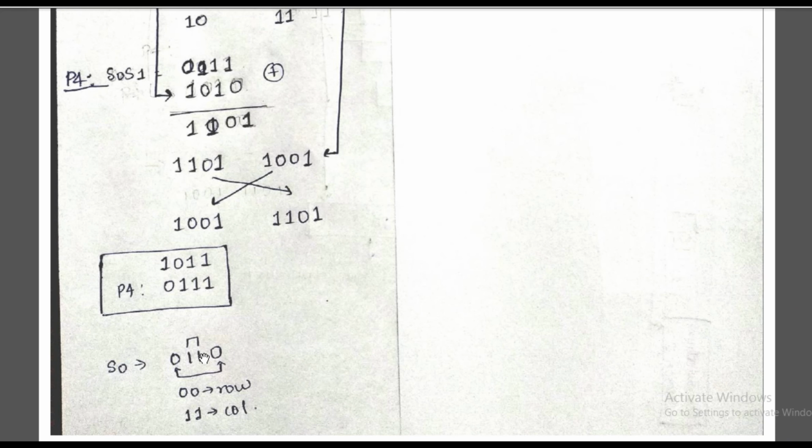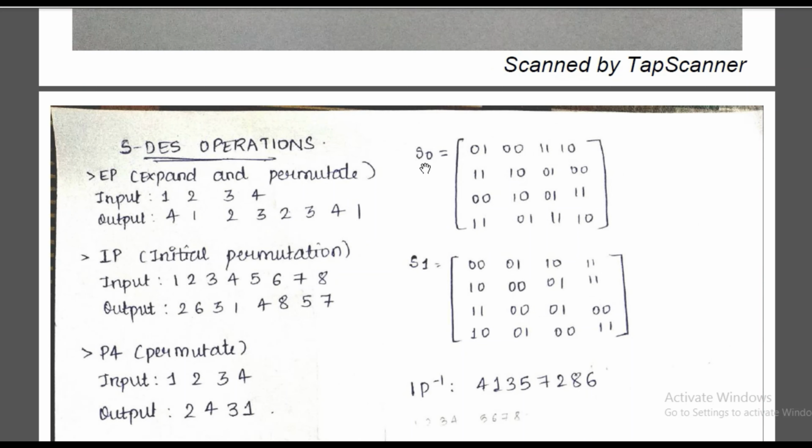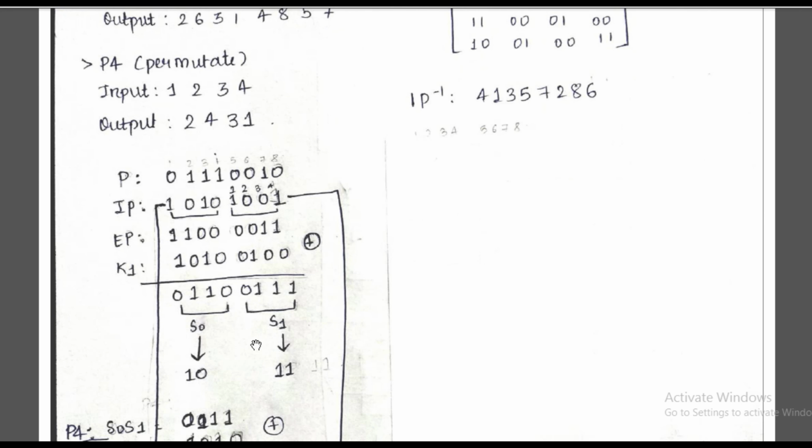Similarly, the 2 bits in between will form the column. So here we have 00 as the row and 11 as the column, that is 0th row and 3rd column. Now go to S0, 0th row and 3rd column. We have the output of it as 10. So here we will output 10.